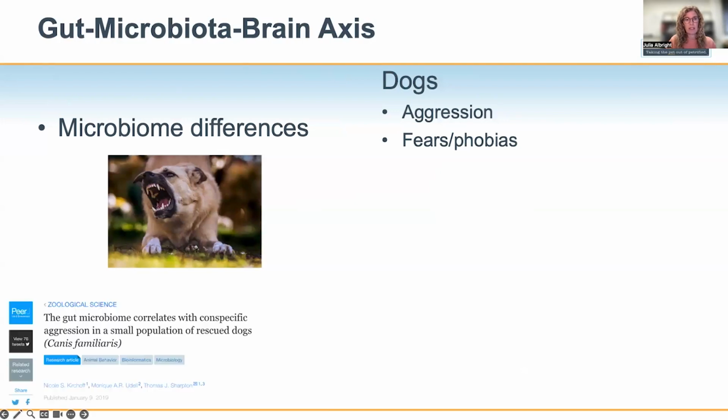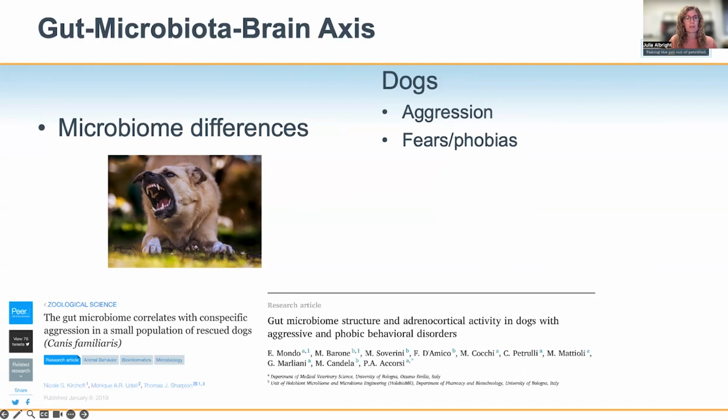And all of these studies, like here's one in shelter dogs that show aggression to other dogs in the shelter. This one was a little bit more of a wide range, just carpet bombing and asking about lots of different types of issues. I'm looking at both aggressive and phobic dogs, just a wide lens, if you will.